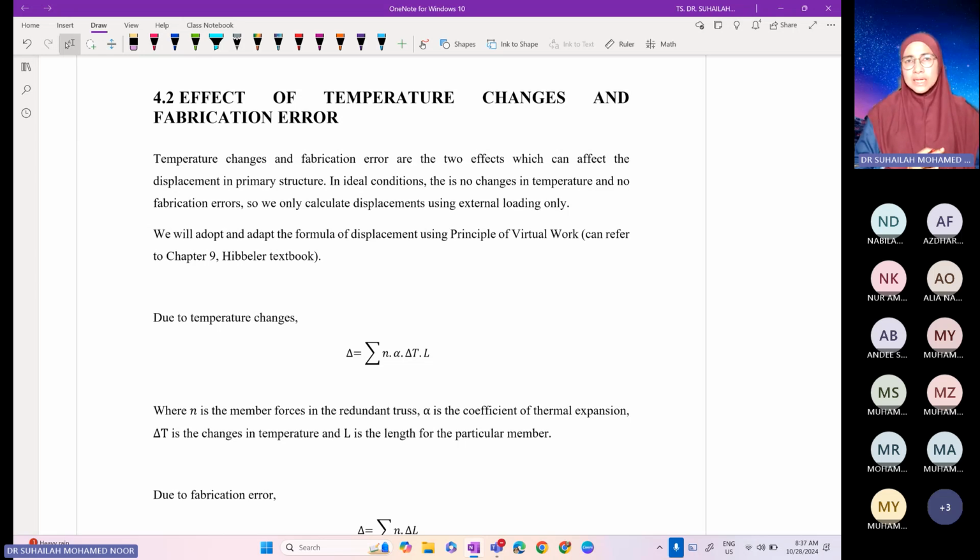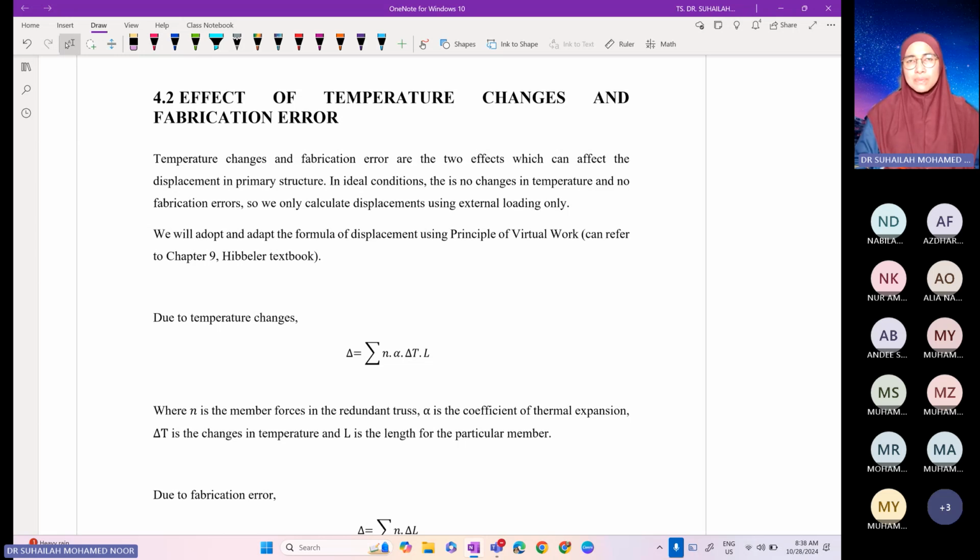So in truss analysis, we need to know about these two effects, which are called temperature changes and also fabrication error.